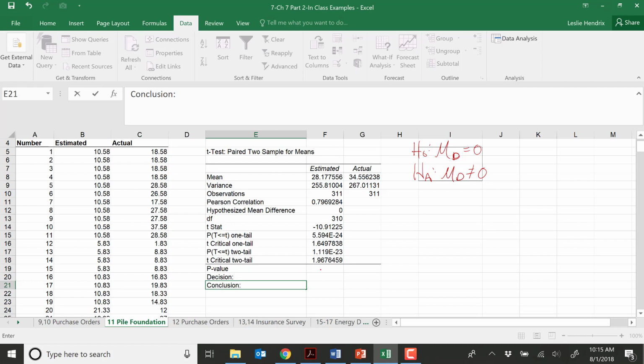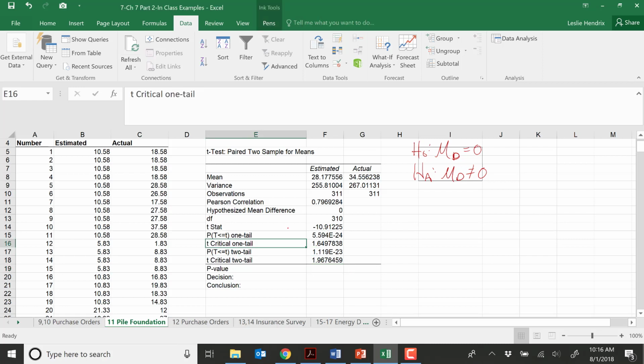All right, so let's figure out what we're doing here. So we need to get our p-value from this. Well, this is a not equal to alternative hypothesis. And so you can just directly grab what Excel calls your two-tailed p-value. So our p-value is really, really tiny.